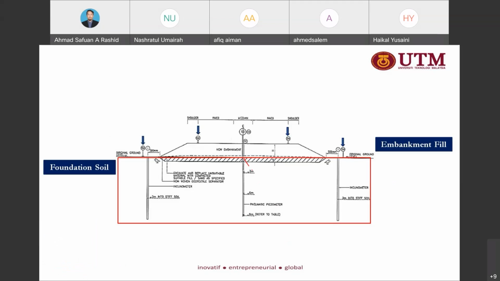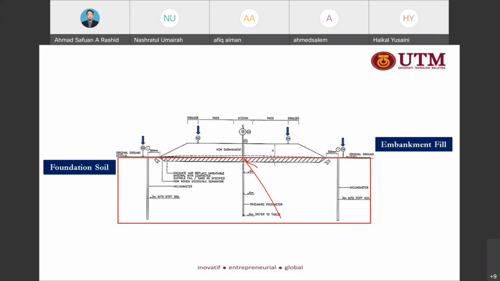For example, this is the pore water pressure line. When we increase the load, there will be a significant increase of the pore water pressure. So we need to make sure that the additional pore water pressure should not exceed, if I'm not mistaken, 0.7 or 70% of the calculated pore water pressure.